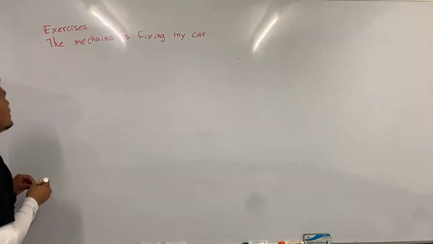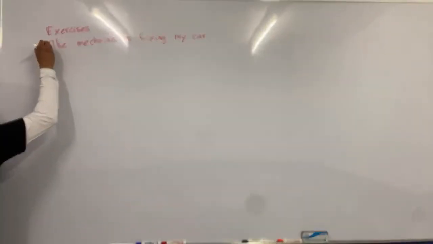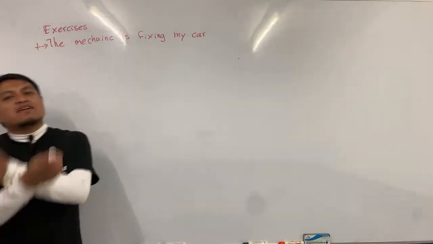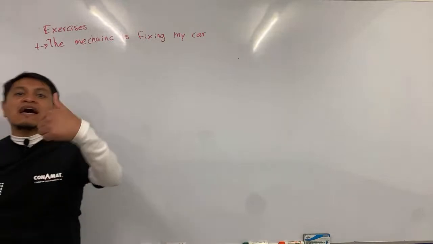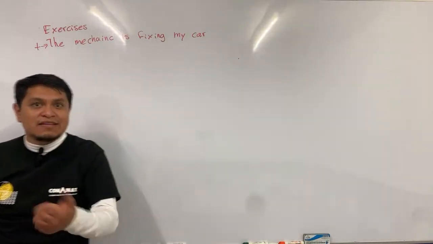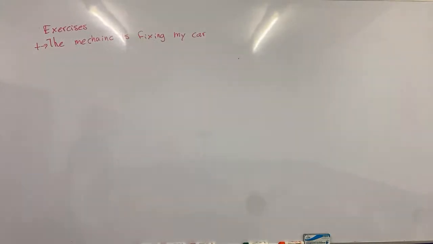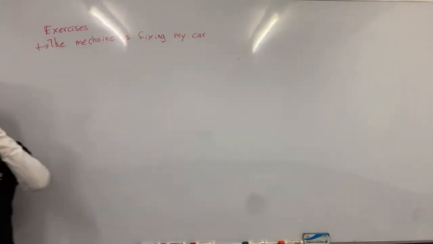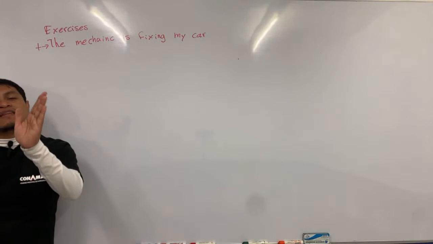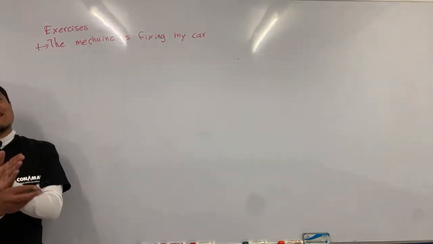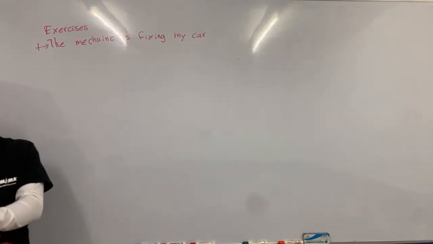Right? This is the affirmative sentence, right? Now, you have to change this in negative sentence and in interrogative sentence. For example, with this example, the negative sentence, it's like the mechanic is not fixing my car.